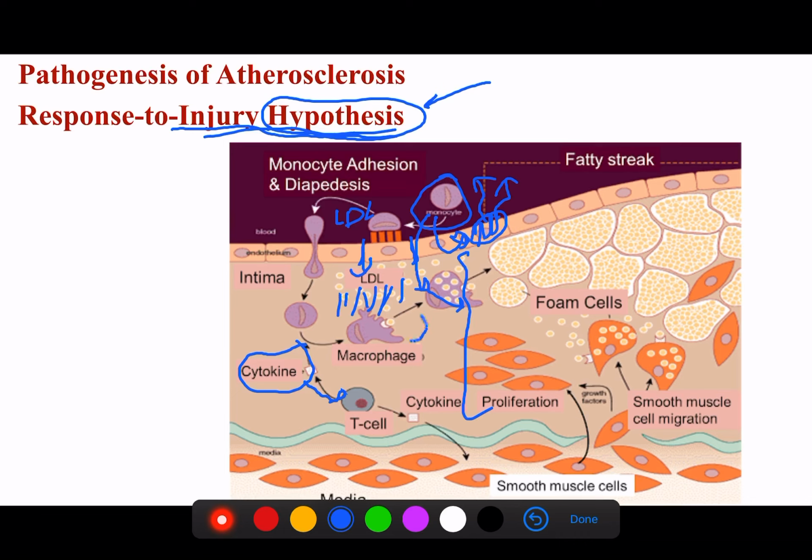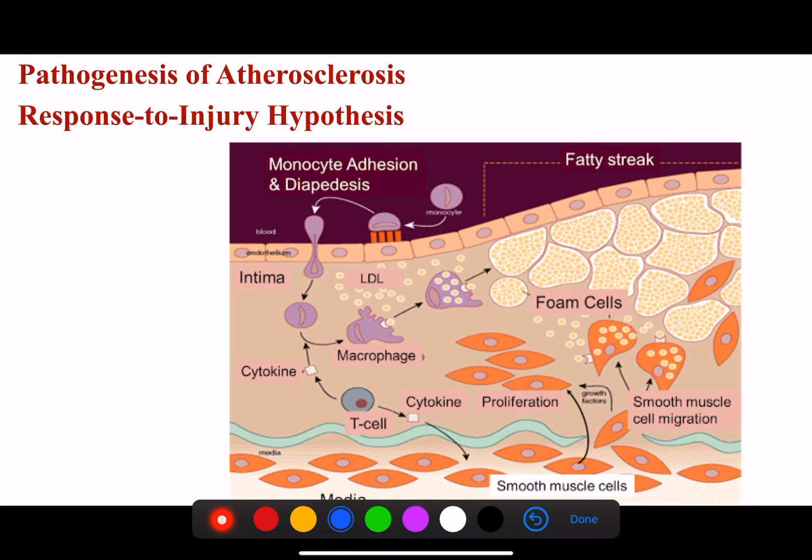Macrophages engulf this LDL and turn into foam cells. A foam cell is a macrophage that has engulfed LDL. At the end of the macrophage's life span, it dies and releases cholesterol. This cholesterol is deposited as atheroma.